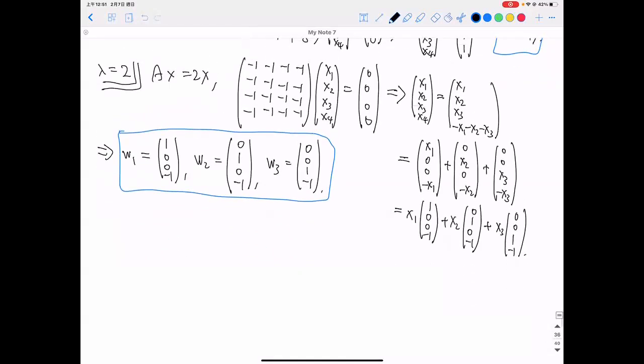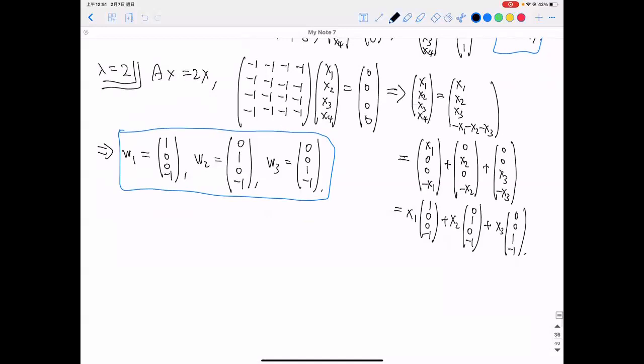So we just have to make W1, W2, W3 into orthonormal bases. That we can do. We should run Gram-Schmidt to get orthogonal bases first.